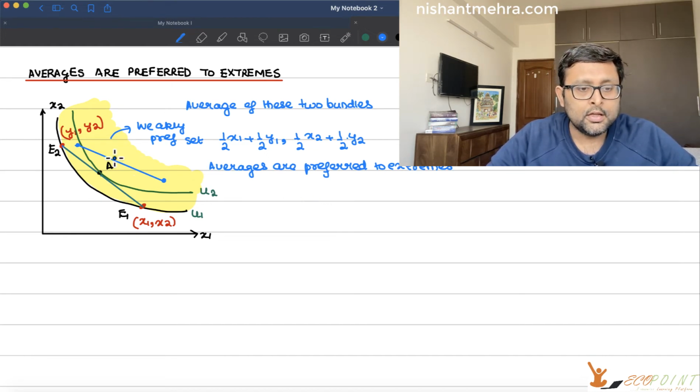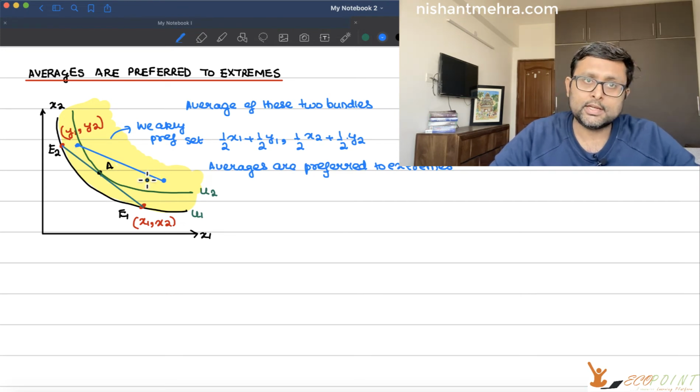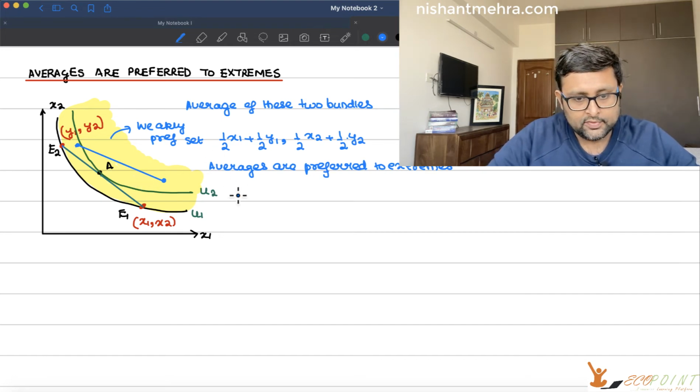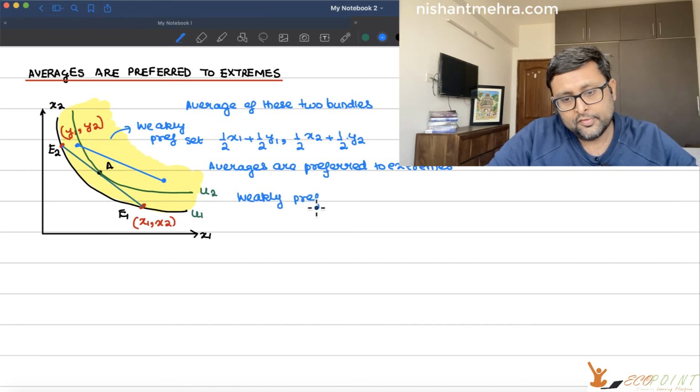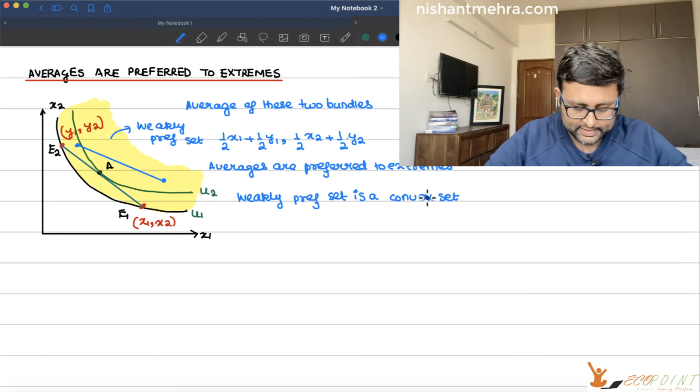So for a convex set, you pick any two points. I have picked these two points, which lie within the set, and this line lies entirely within the set. So this becomes a convex set. If this property is satisfied, then you can say the weakly preferred set is a convex set.